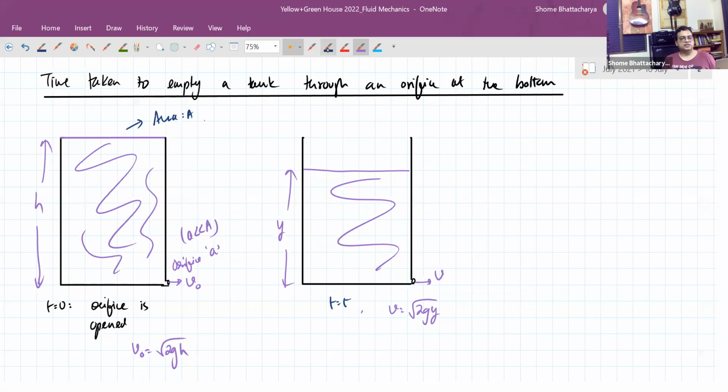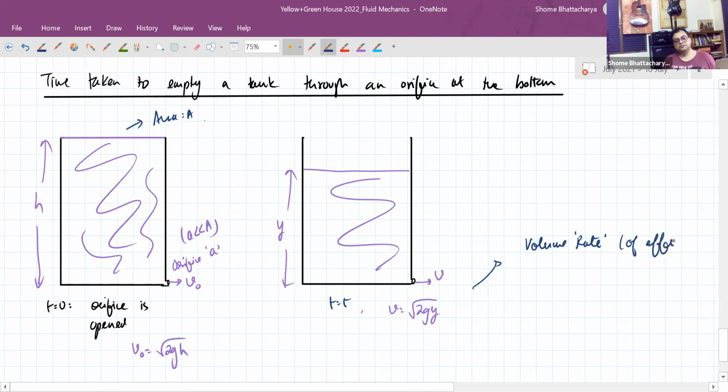So what is happening is that the volume rate of outflow, okay, volume rate of efflux, that you can think of as an instantaneous minus dV by dt, where V is the volume of water in the tank. So the volume rate at which the liquid is coming out is the area of the orifice into the speed of efflux.